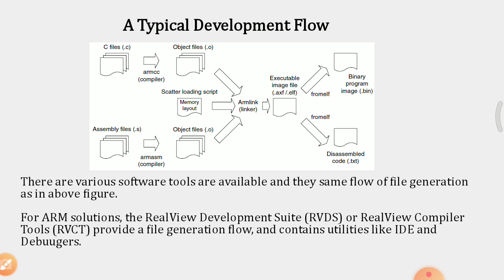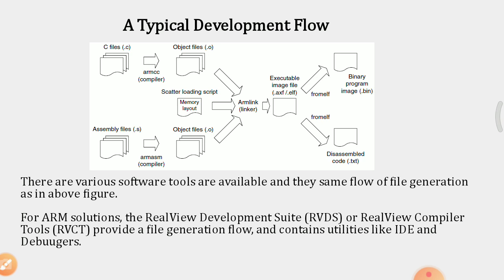Then in the downside, it is also the same thing, but writing an assembly file with the .s extension or any other like .asm extension, we require an assembler, ARM assembler. Then that ARM assembler will convert this .s file into a .o file or .obj file, object file.